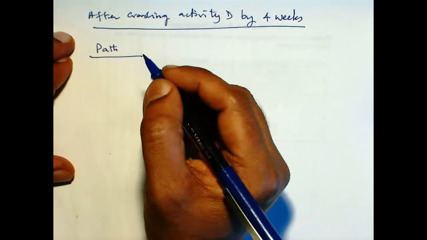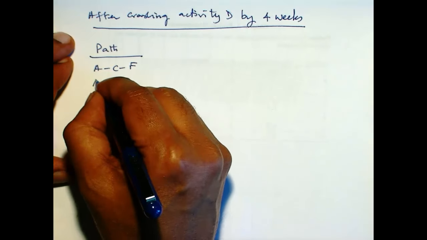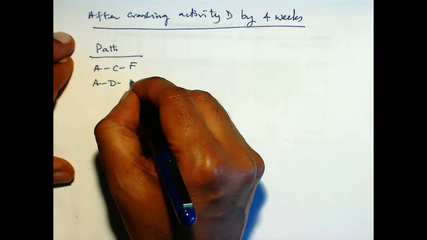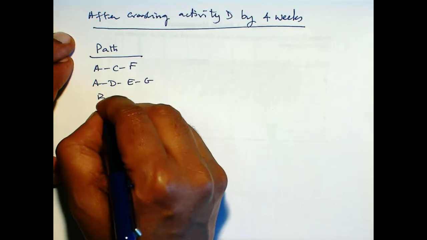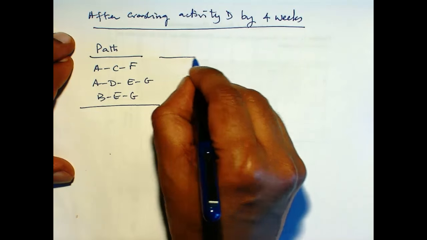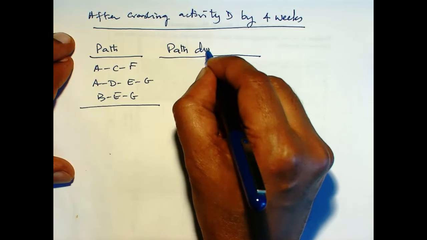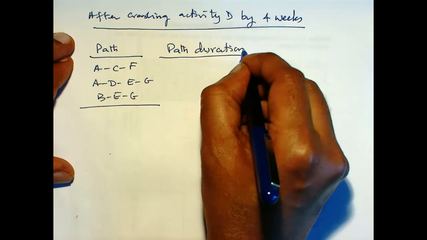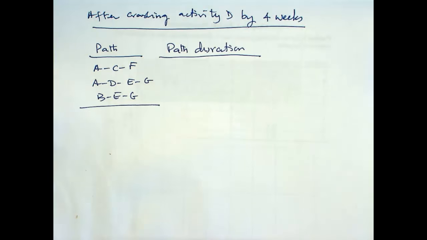So we have 3 paths, ACF, ADEG and BEG. Now the new path duration: ACF remains the same like before, there is no change.